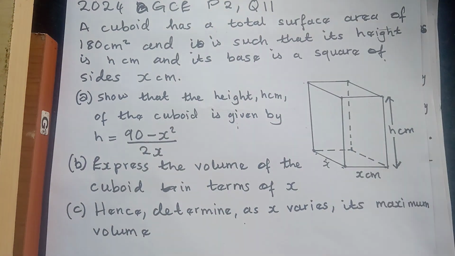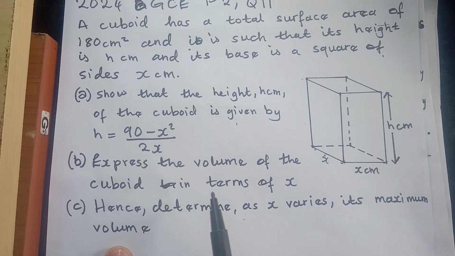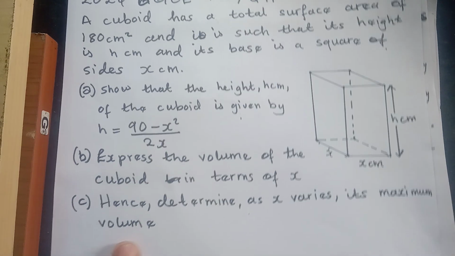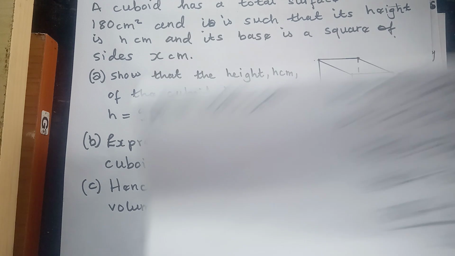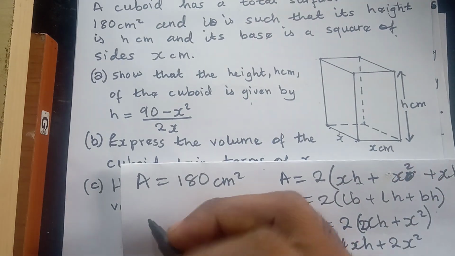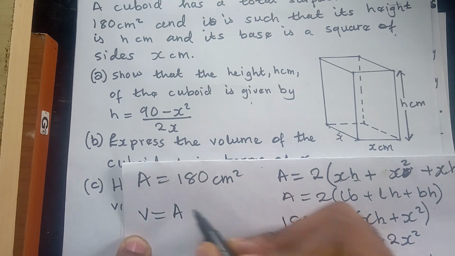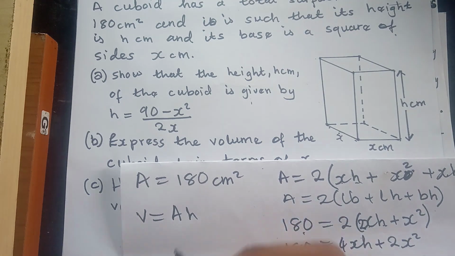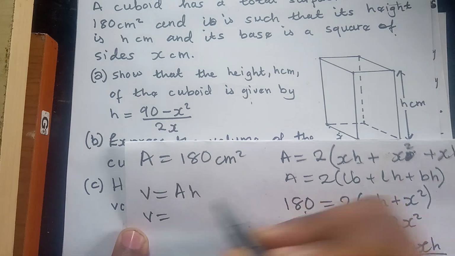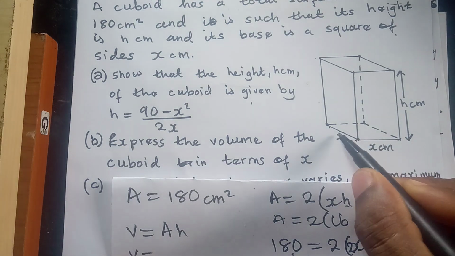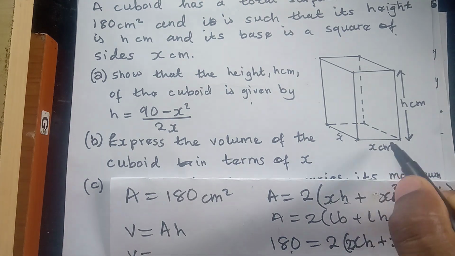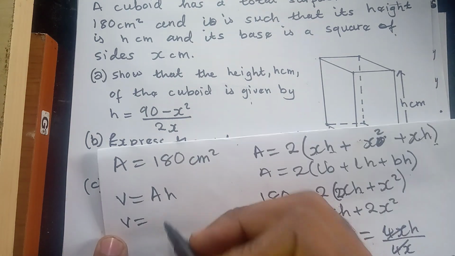And then express the volume of the cuboid in terms of x. So to do that, the volume of a cuboid, or volume in general, is given by base area times height. So the base area here, since this is a square, will be x squared, that is x times x.